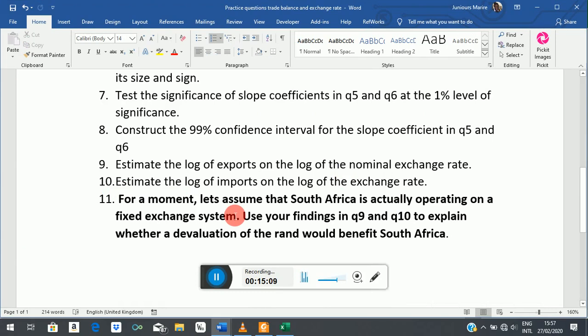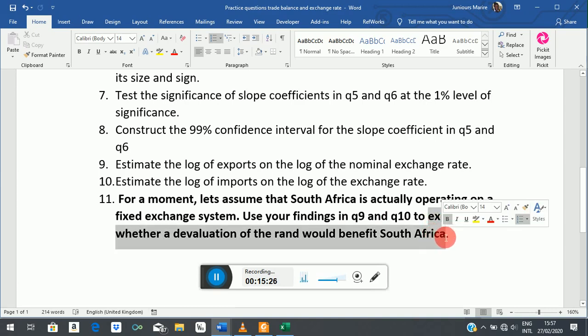For a moment, let's assume that South Africa is operating under a fixed exchange rate system. Now, using your findings in this question, explain whether devaluation of the rand would benefit South Africa.